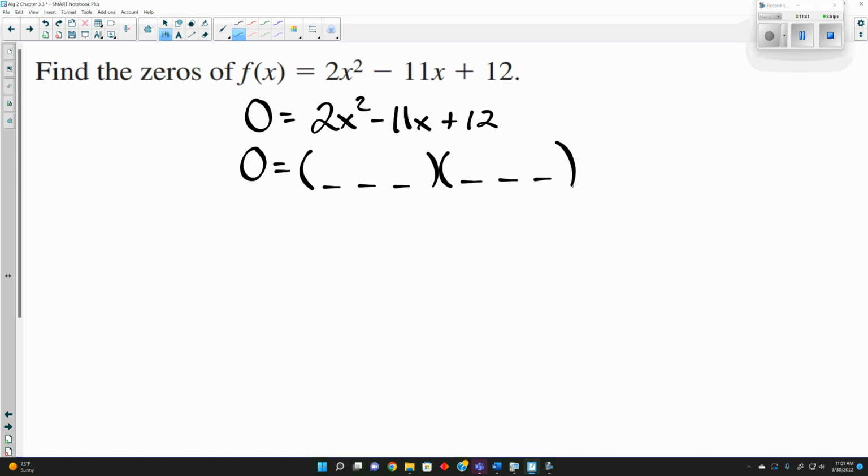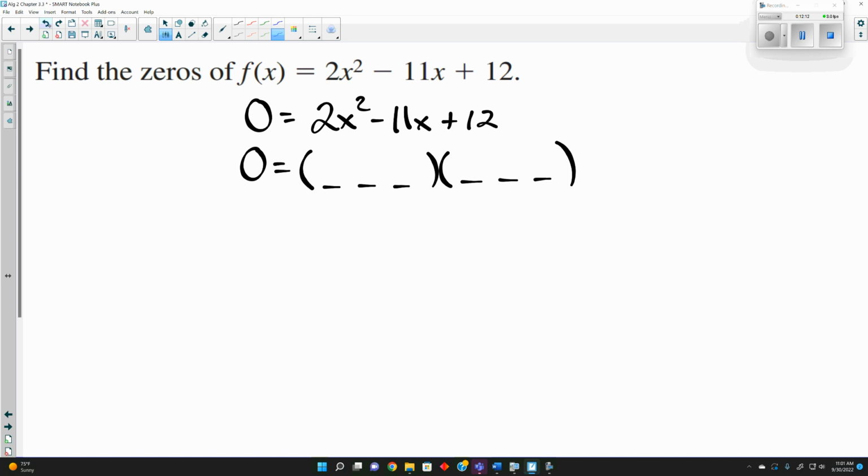So when we're finding the zeros, we're trying to find out what value of x will make it be 0. The x-intercepts, the solutions, are all essentially the same thing. So we can set it equal to 0.